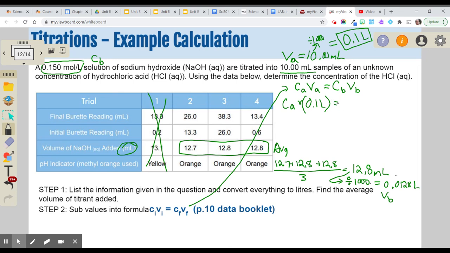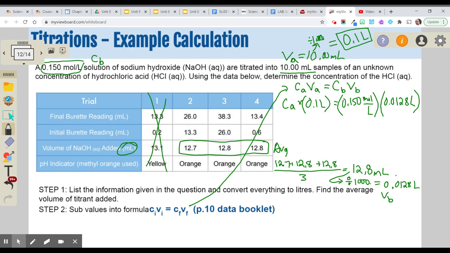And that's equal to the concentration of our base, which was given, 0.150 moles per liter, times the volume of our base, which we found down below here is the average volume that we added from our titrant, 0.0128 liters.